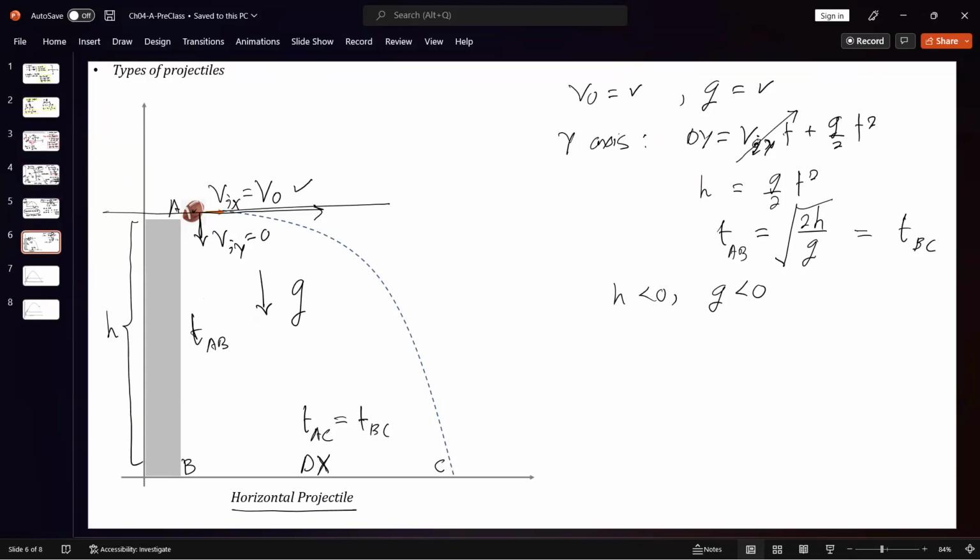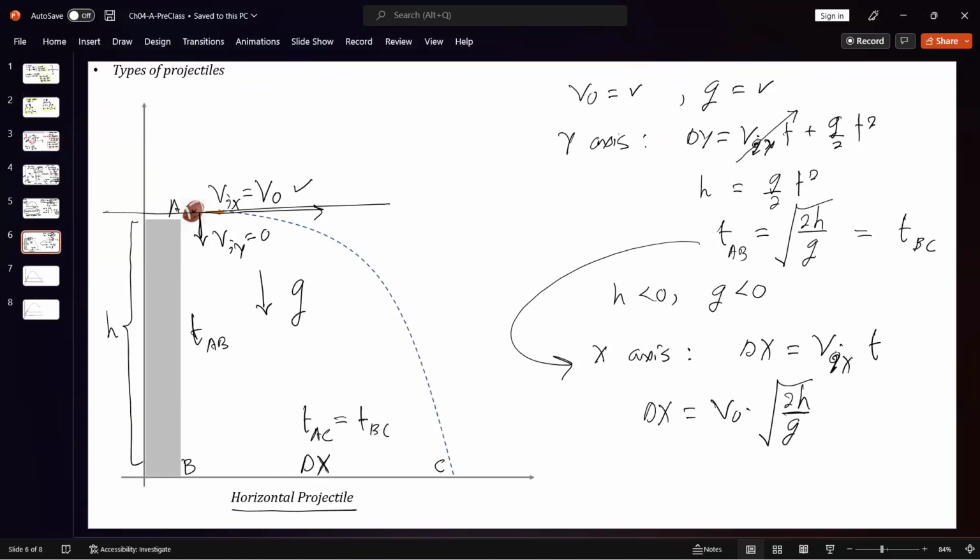If I plug this into the x-axis direction, we have only one formula to work with. Delta x is equal to v initial x times the total time. The initial x remains the same, so delta x is equal to v0 times the square root of 2h over g. Now if I know v0, h and g, I should be able to find the range.